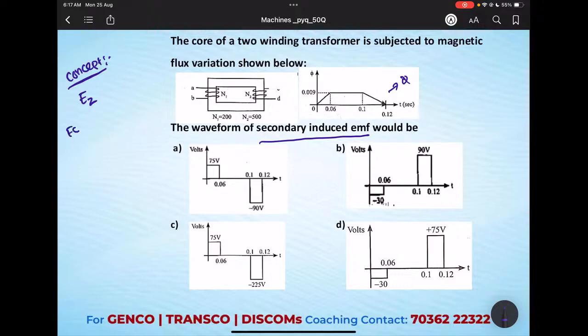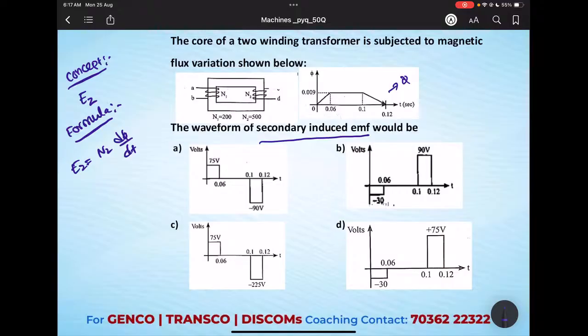What are the different formulas we remember related to induced EMF in a transformer? E2 is equal to N2 into d phi by dt. Okay, N2 into d phi by dt. So there is no need to calculate for all time intervals of this derivation.